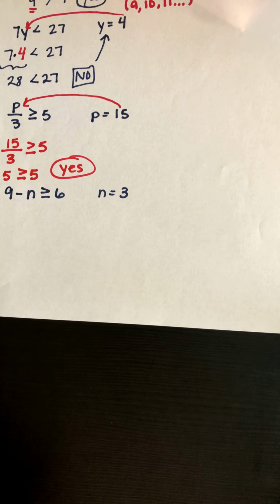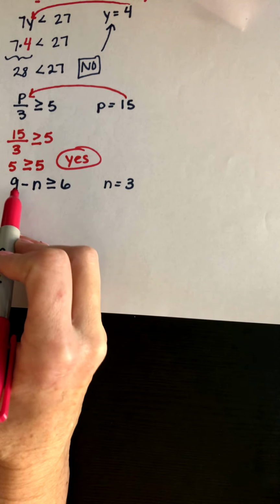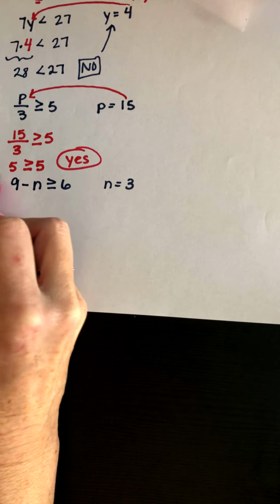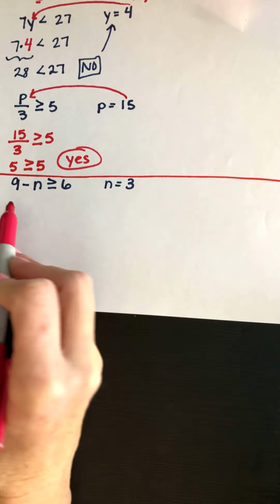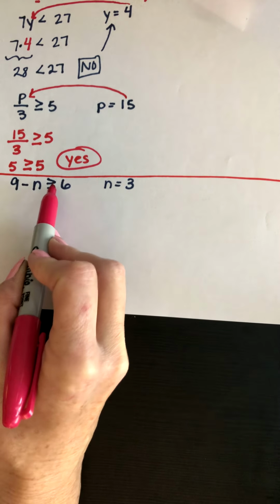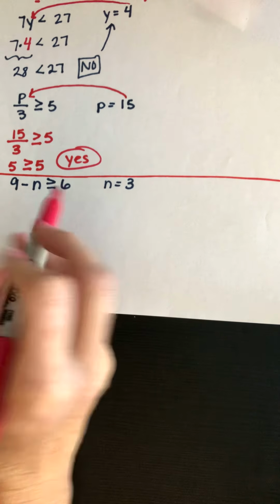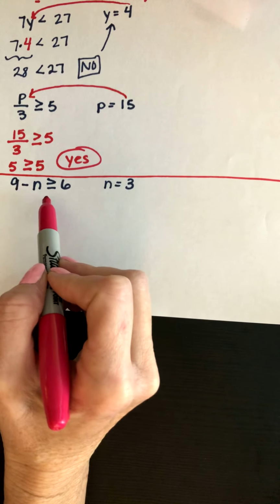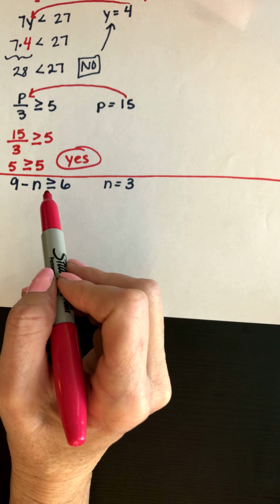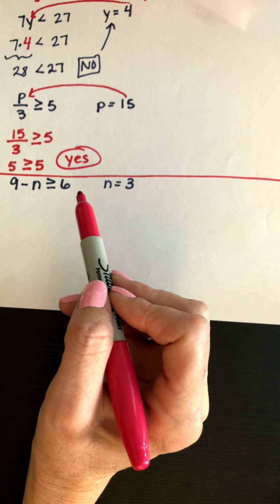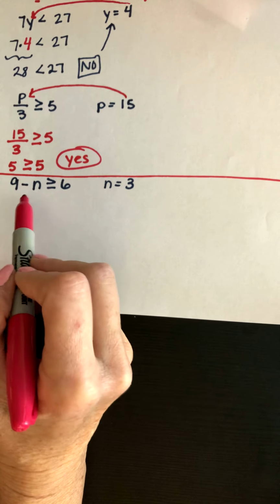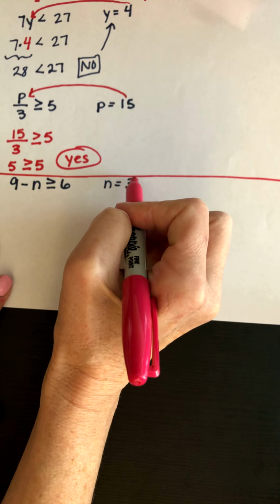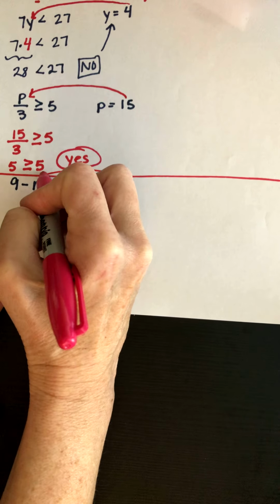Two more examples. Let's draw a line here to separate this out. We have 9 minus n is greater than or equal to 6. If you can't remember what your symbol is, pointing this way says is greater than or equal to. Remember, the smaller number eats the bigger number. So let's plug in the 3 here.